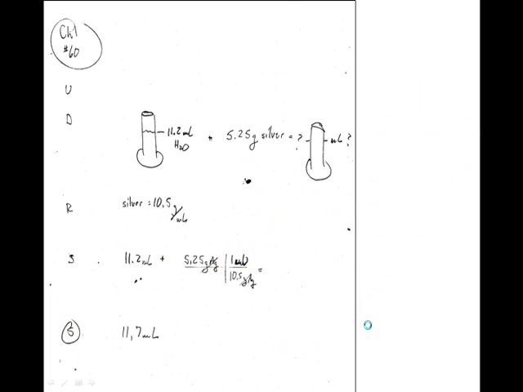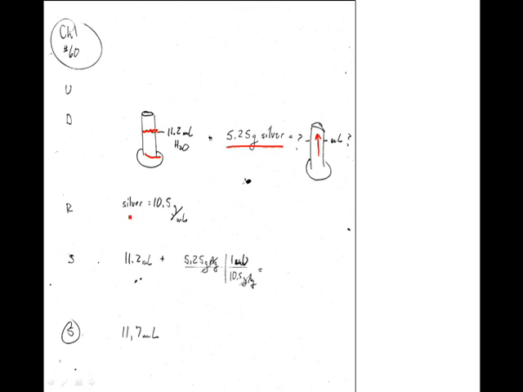Are we at number 60 already? Only 2 problems left in the Chapter 1 summer assignment. And it is really a fairly easy problem. We have 11.2 milliliters of water in a graduated cylinder, and we dump in 5.25 grams of silver. So of course that's going to make this water level come up, right? Well, how much is it going to make it rise?